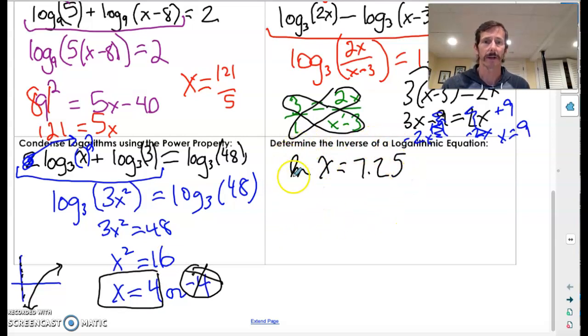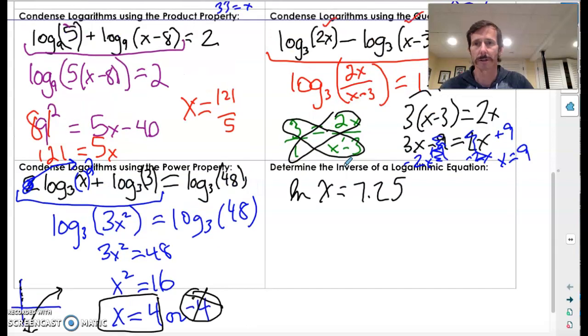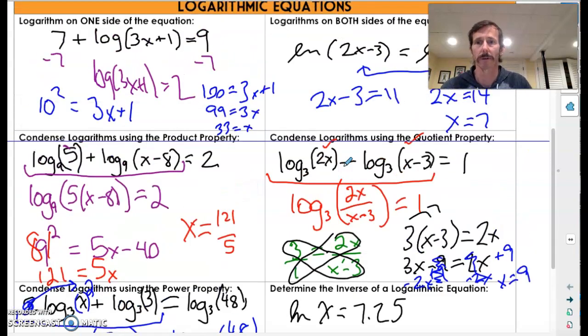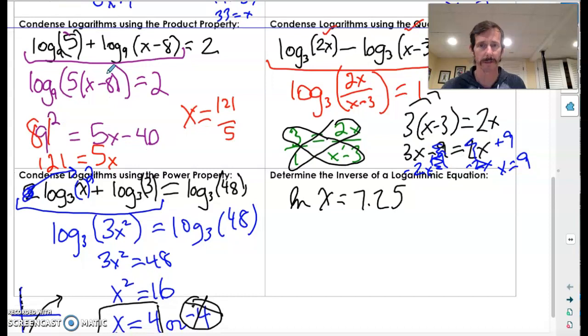And now the last one. Again, notice we're down to a single log, just like this one right here, what we started with, after we did some steps. But there are no algebraic steps to isolate this log by itself. There's nothing being added or subtracted over here, so it's already ready to go.